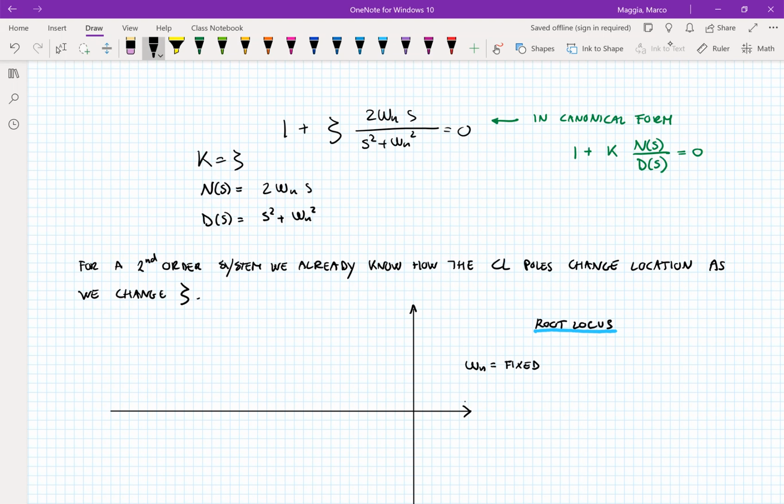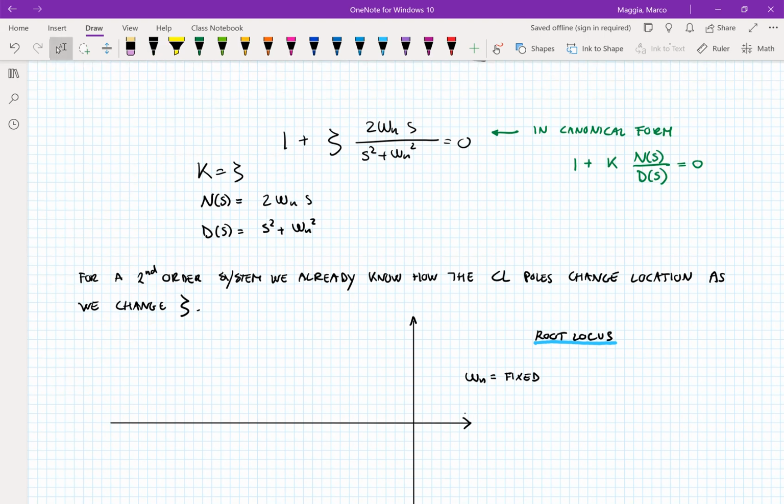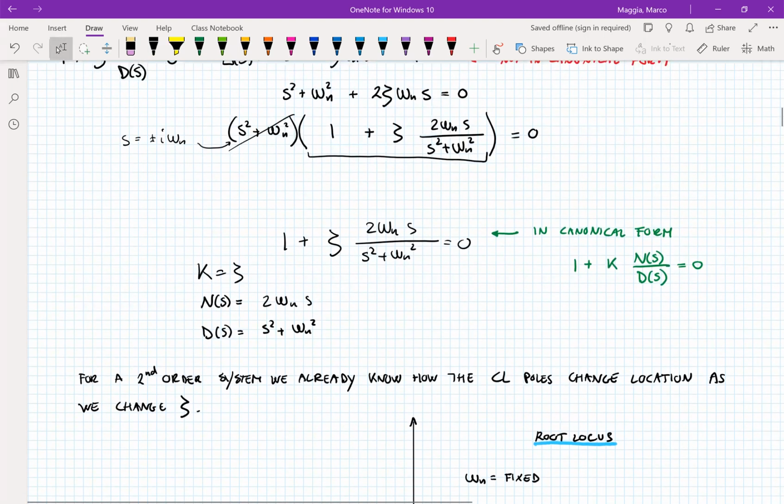Very good. So this is step 1. Most of the times, if you're just asked to draw the root locus, you'll already be given the characteristic equation in this form. But if you don't have it in the canonical form, then you have to put it in the canonical form. So that's a necessary step.